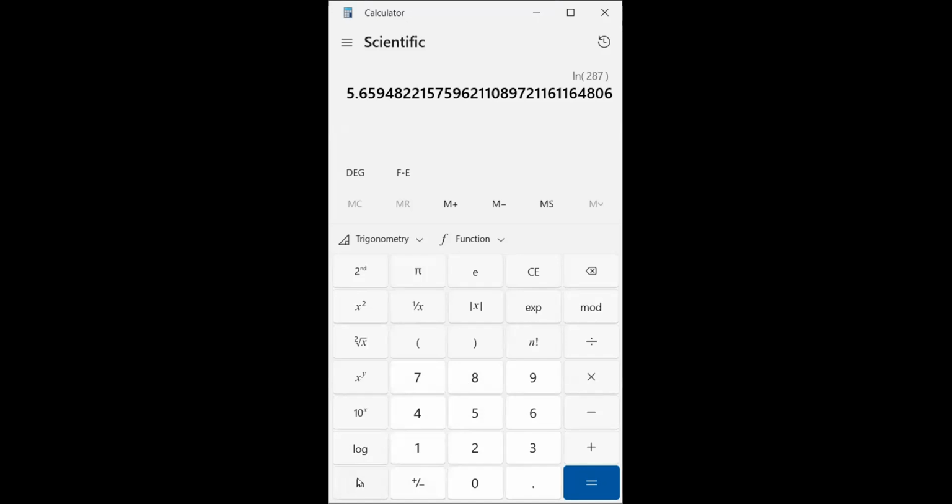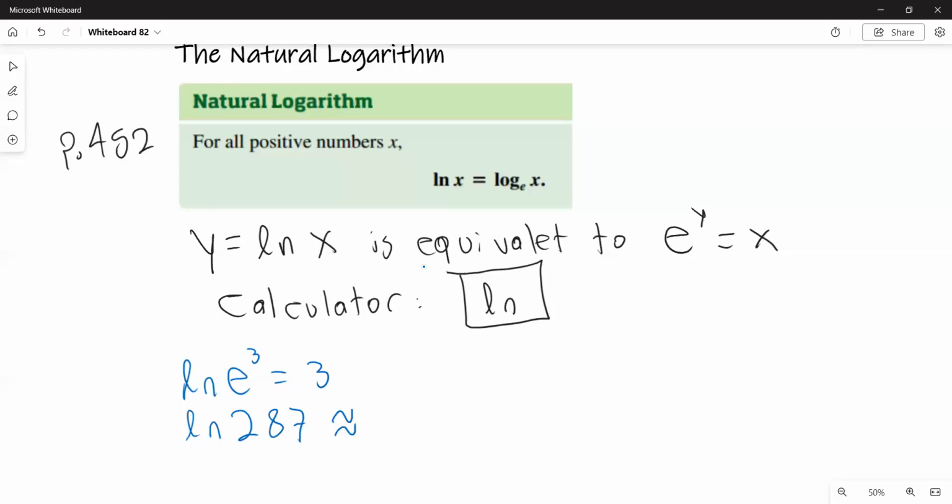That's approximately 5.659. So the number e raised to that power is going to be 287.